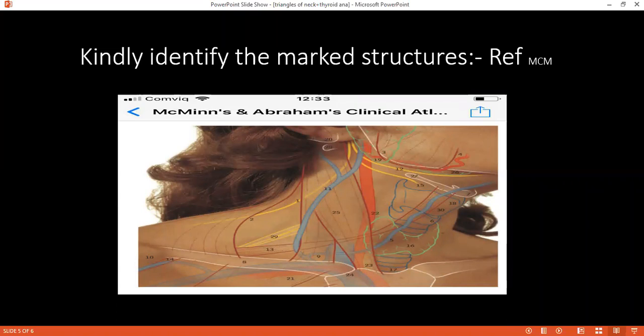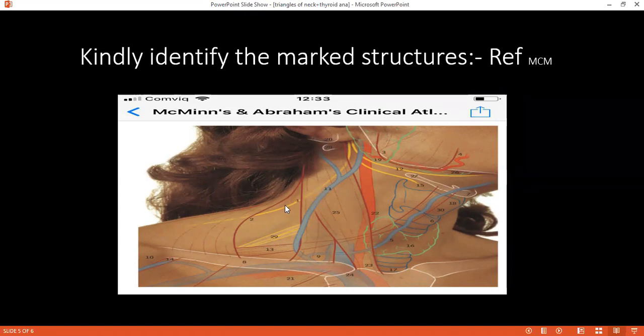What is carotid sinus, please? Carotid sinus lies just above, superior to the bifurcation, and it contains baroreceptors, which is sensitive to blood pressure of the body. Okay. Right. Can you identify this nerve?